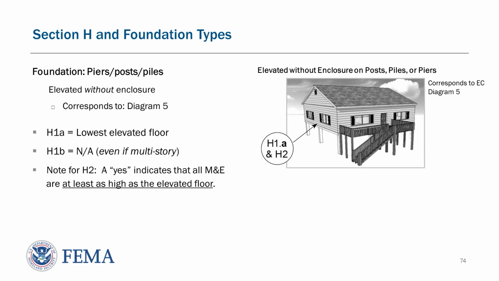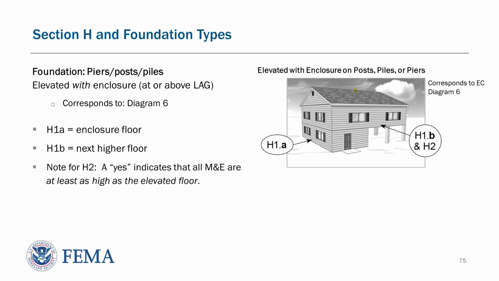For buildings elevated on posts, piers, or piles without an enclosure, that's diagram 5, H1A is always the lowest elevated floor, and H1B is not applicable. It's not necessary to indicate a higher floor, even if it is a multi-story building. For H2, a yes indicates that the machinery is at least as high as the elevated floor.